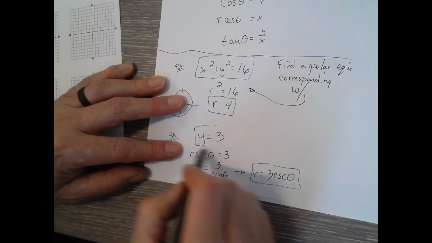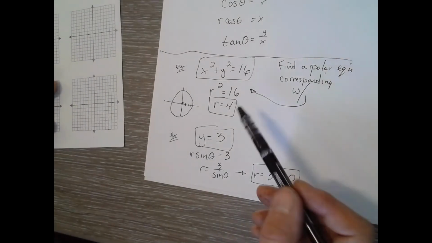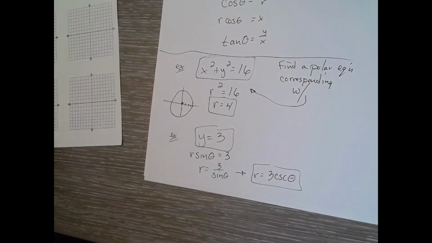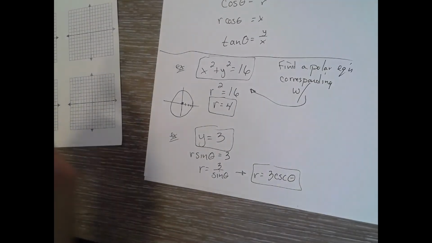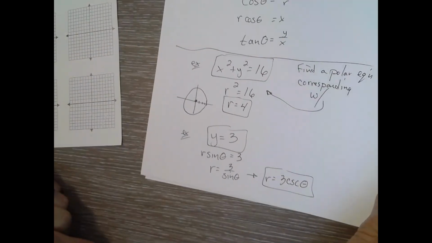Now, comparing y equals 3 and r equals 3 cosecant theta, I think we'd agree that for most lines the rectangular version would be easier. We're familiar with y equals mx plus b. Let's not mess it up with our polar equations.